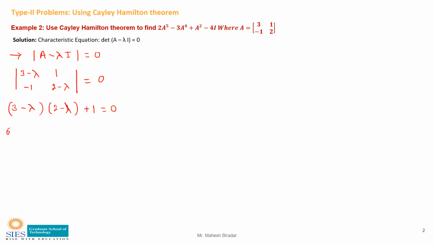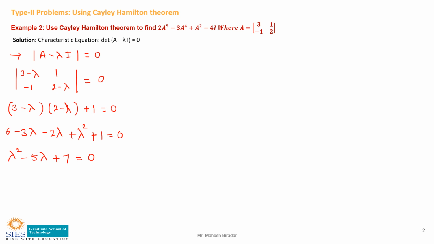So after simplification, 6 minus 3 lambda minus 2 lambda plus lambda square plus 1 equal to 0. So lambda square minus 5 lambda plus 7 is equal to 0. So this is the characteristic equation of A.